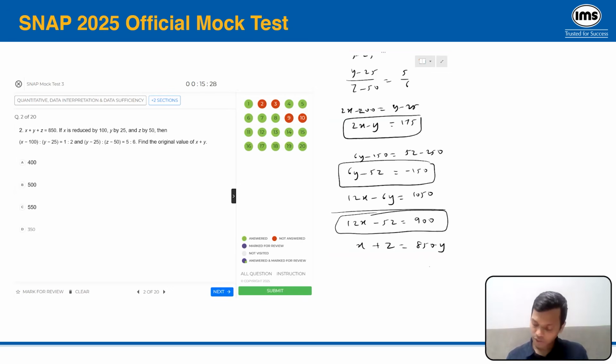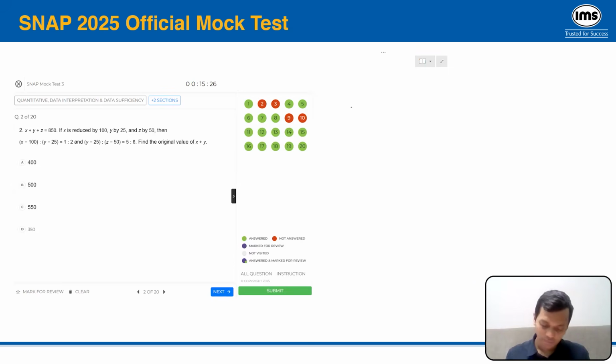I'm going to just try and do it using options and see if that becomes faster. So I'll have 400, 450, 500, 500 and 350, 550 and 300, and 350 and 500. Right.